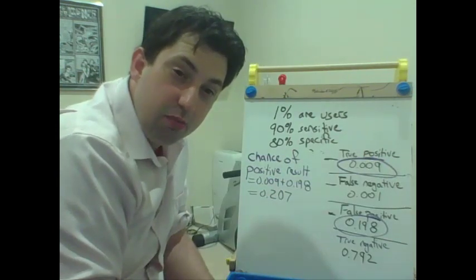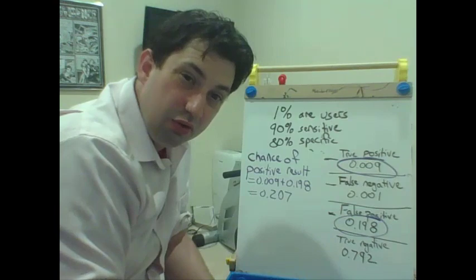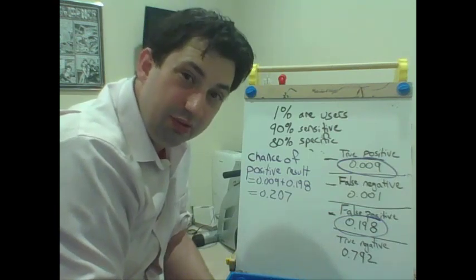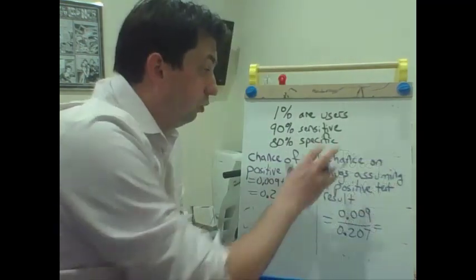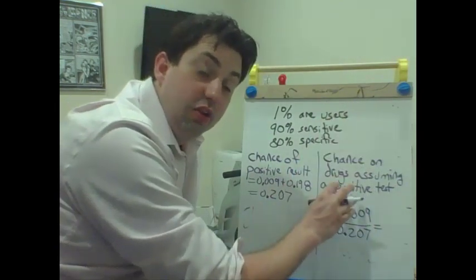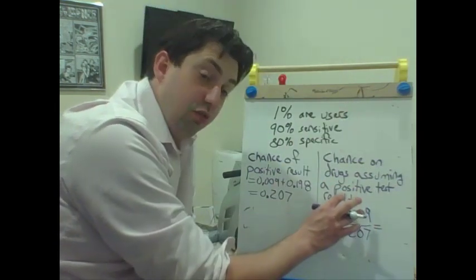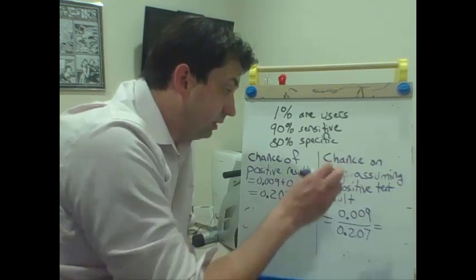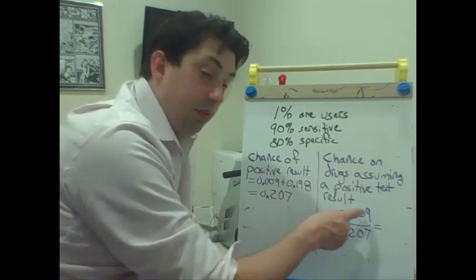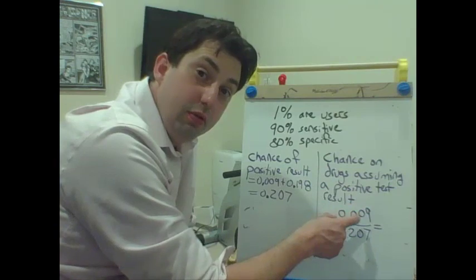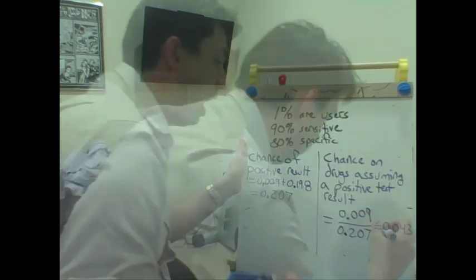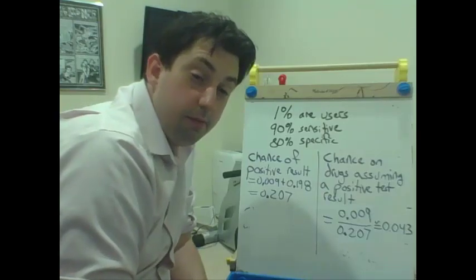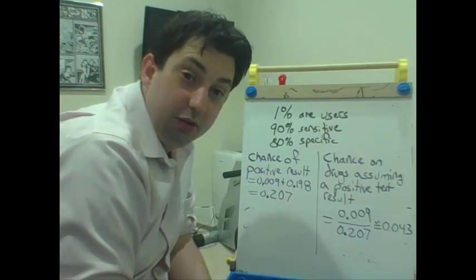What are the chances that you pick somebody that has a true positive? Well, that would be, so what are the chances that the person is actually on drugs, assuming the test result is positive? Well, that would be all the true positives divided by all the positives, which is about 4.3%.